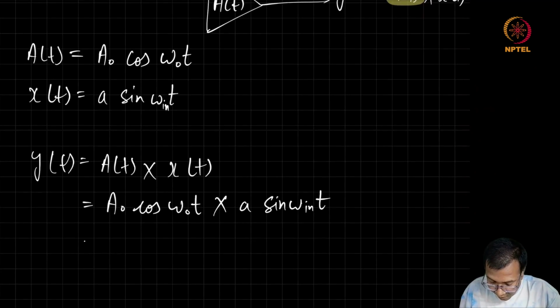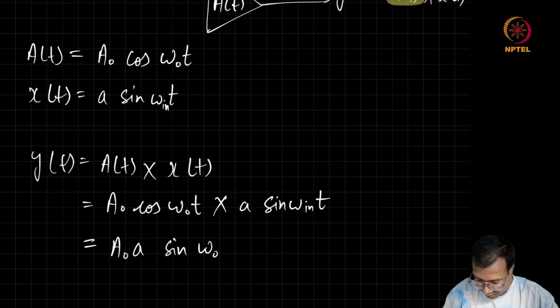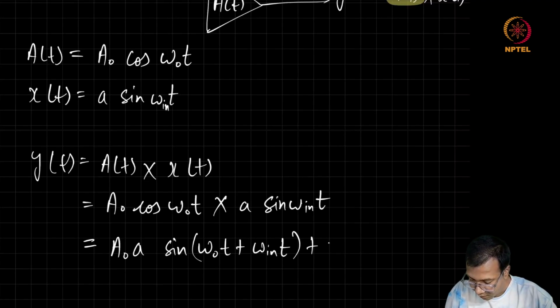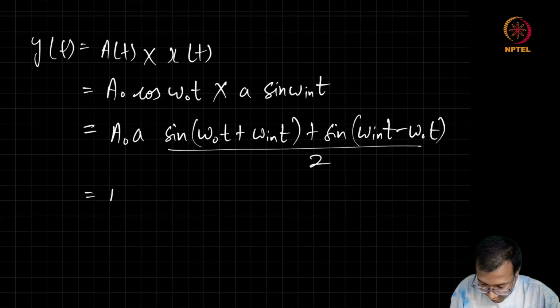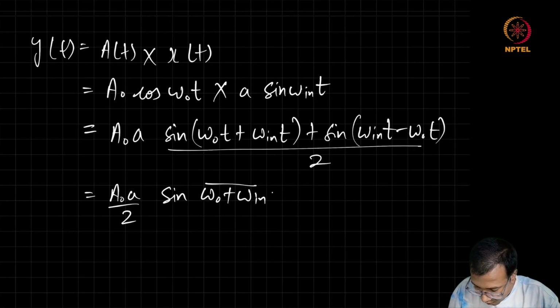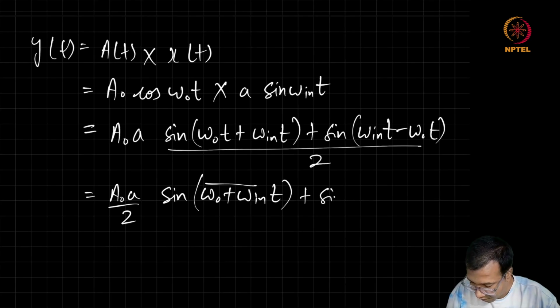And if we use simple trigonometry, we can easily see that this is the same as a naught times sine of (omega naught t plus omega n t) plus sine of (omega n t minus omega naught t), divided by 2, which can be rewritten as a naught by 2 times sine of (omega naught plus omega n) t plus sine of (omega n minus omega naught) t.